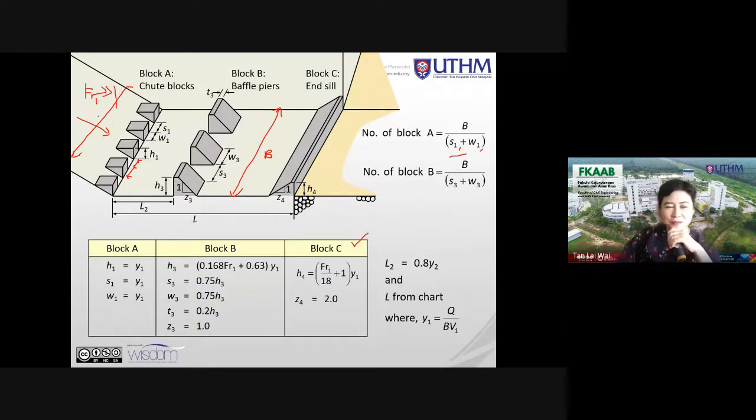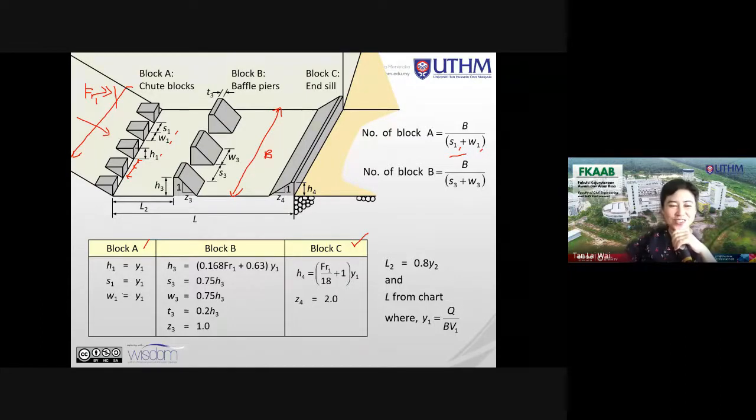Then you can easily determine what H1, W1, and S1 are. H1 is equal to Y1, S1 is equal to Y1, W1 is equal to Y1. Basically, H1 equals S1 equals W1 equals Y1. Settled. Then you have designed your block A.